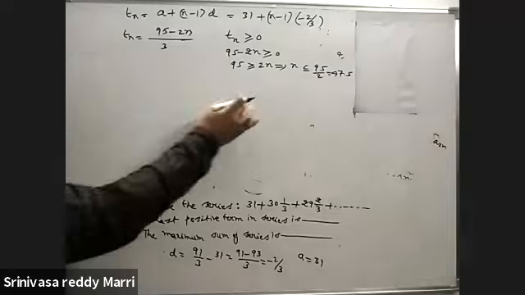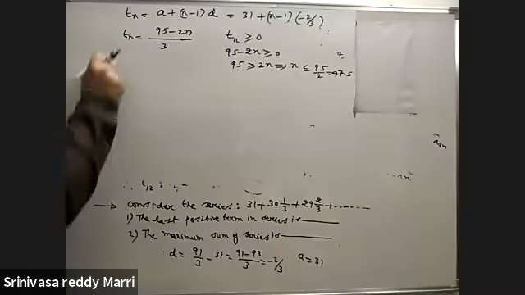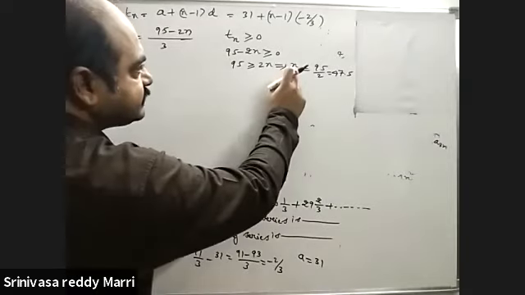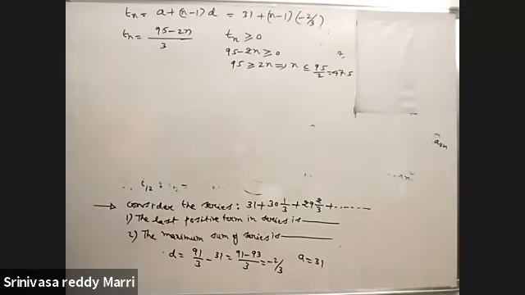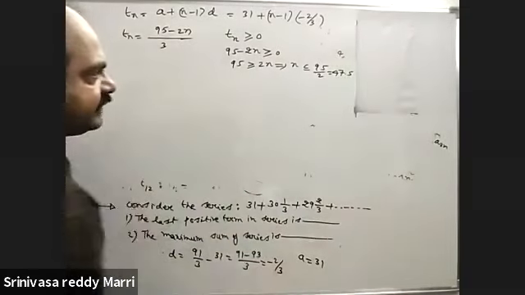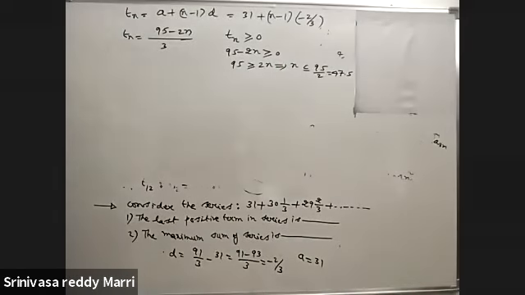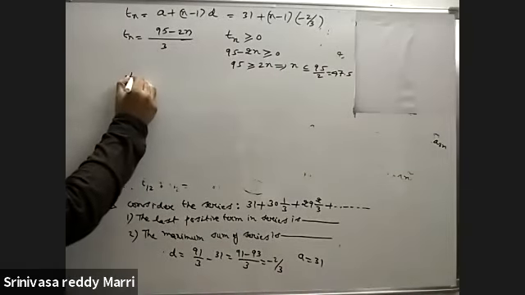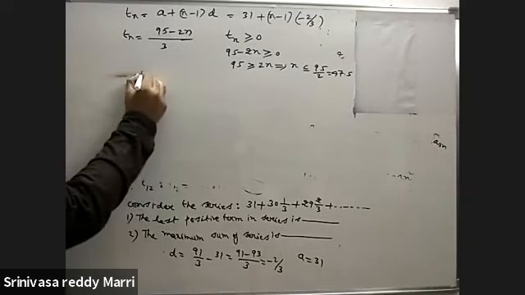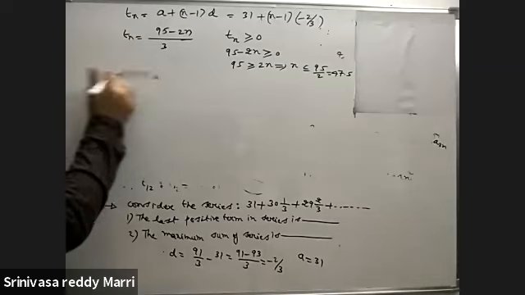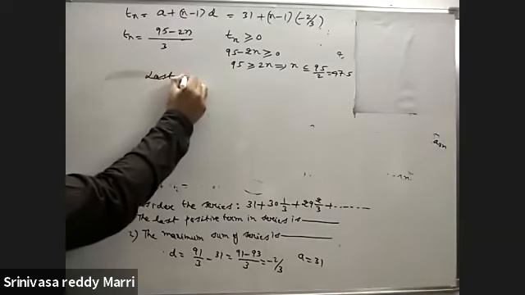What is the maximum value of n? n is a natural number, the position of the term. So 47.5 will not be there; the maximum value of n is 47. So the last positive term is the 47th term.